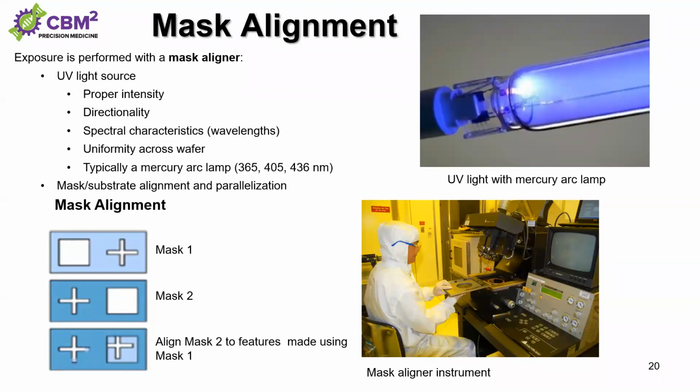Now, how do we align the mask on the substrate? We use a so-called mask aligner. Normally in the photomask, we have so-called alignment marks. The picture shows a microscope here.